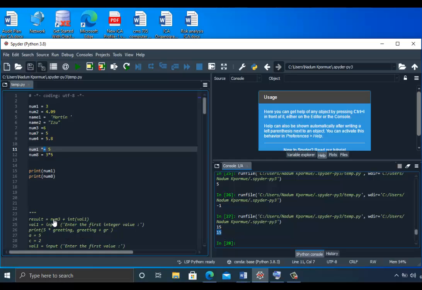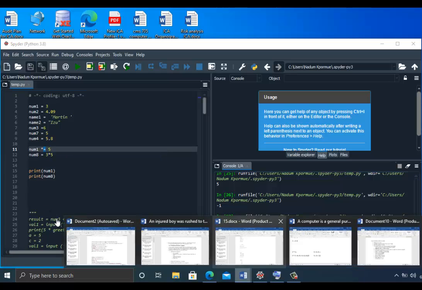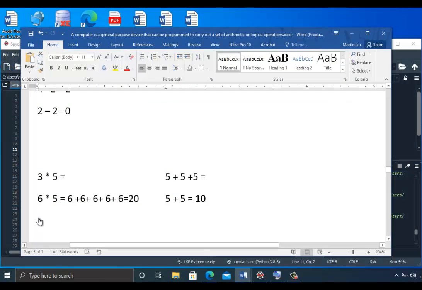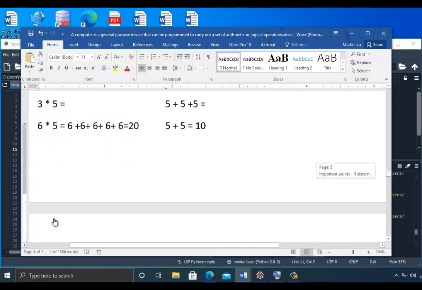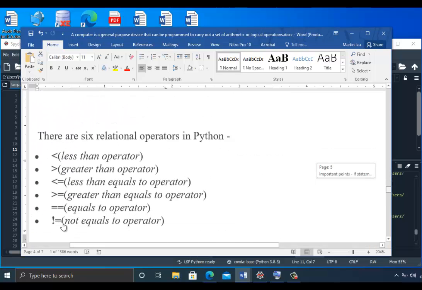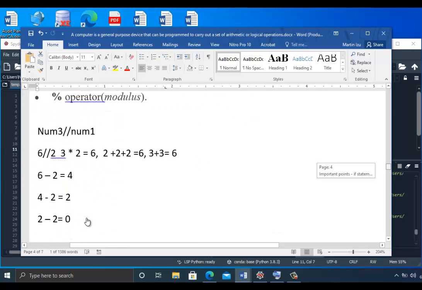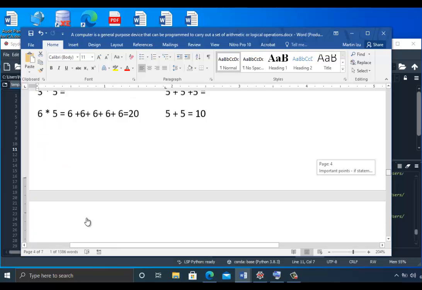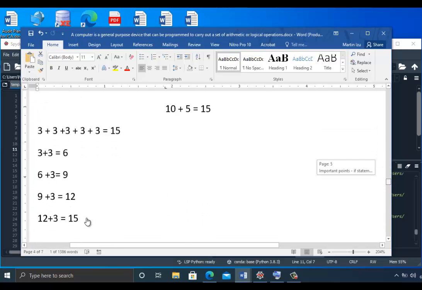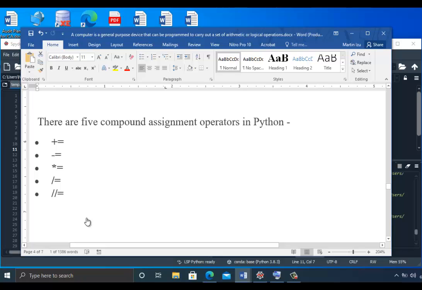The operator in front will first of all evaluate, and once it evaluates, the assignment part of the operation will be done.